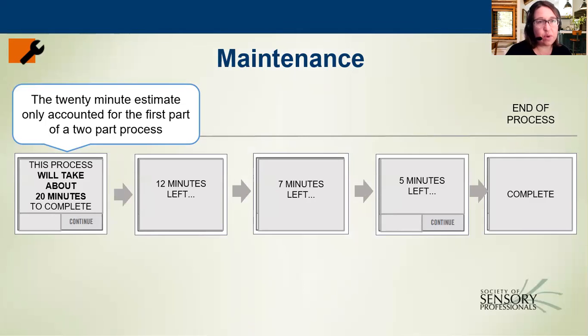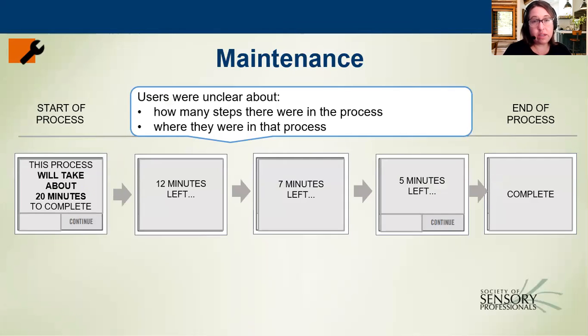And what we found out was the 20-minute estimate only accounted for the first part of a 2-part process, which led to some confusion by the users. They were unclear about how many steps there were in the process, as well as where they were in that process.